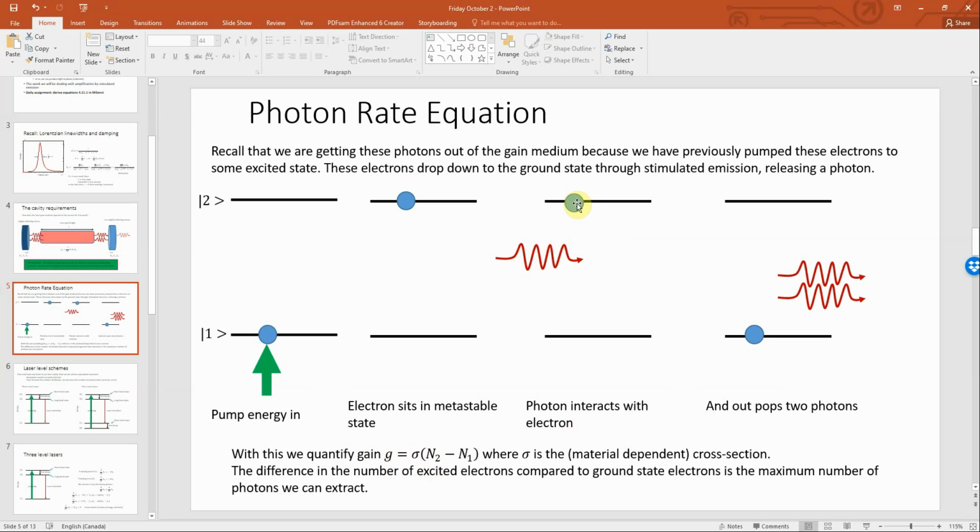If it does interact, the electron drops down to the ground state and out come 2 photons, because the incoming photon had the same energy as the difference in energy of these 2 states.